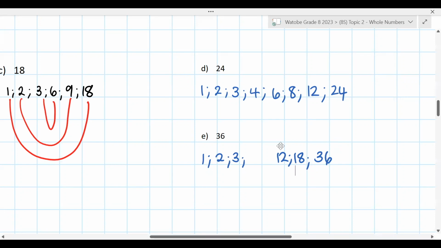I know 6. 6 times 6. Yes. Perfect. There's also 4 times 9. Very nice, Monde. Well done. So our factors are 1, 2, 3, 4, 6, 9, 12, 18, and 36.